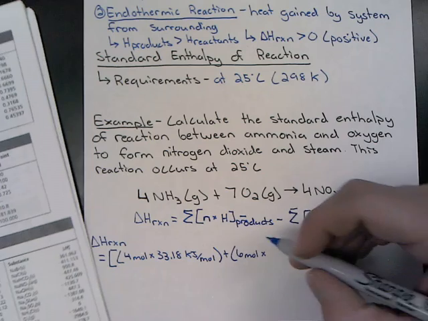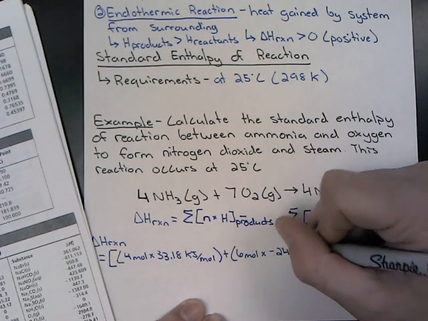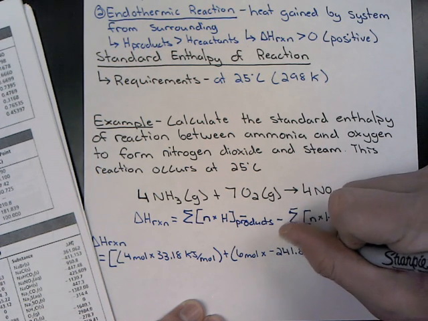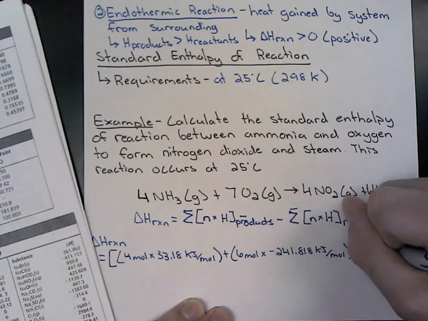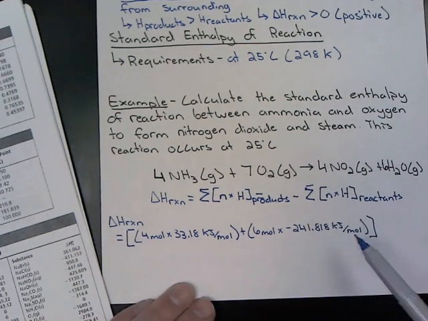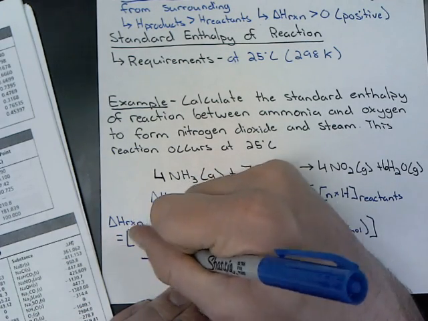So what we do here is we put negative 241.818 kilojoules per mole. Now, this is just the products. We have to take this big number and subtract it from the reactants.